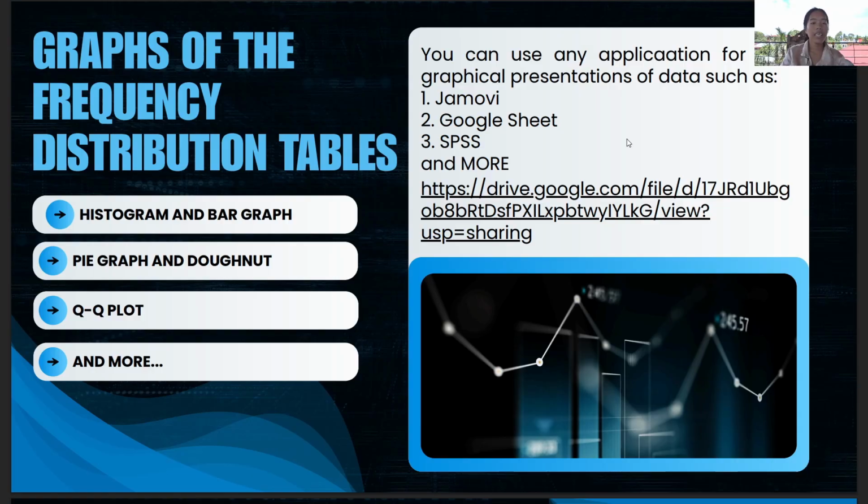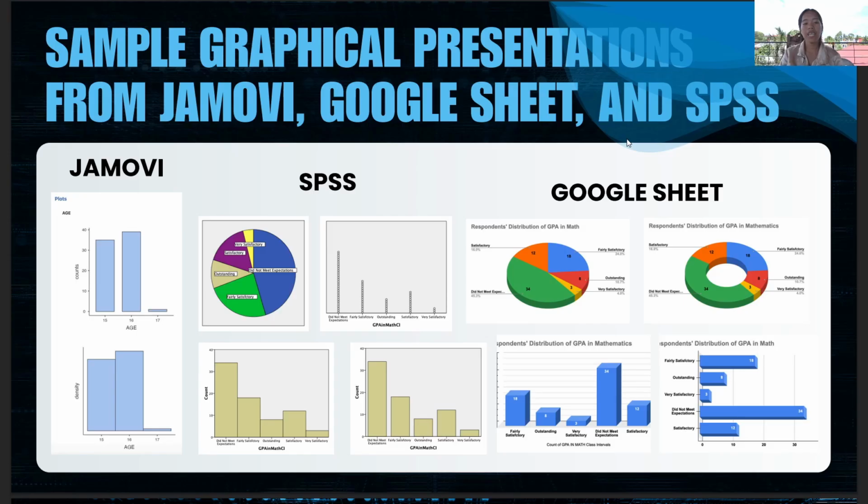So yeah, let's go down to the graphs of the frequency distribution tables, where we have the histogram, bar graph, pie graph, donut, QQ plot, and more. While in frequency distribution tables or graphs, we can use many applications. One of them are Jamovi, Google Sheets, and SPSS. And these are examples of those applications.